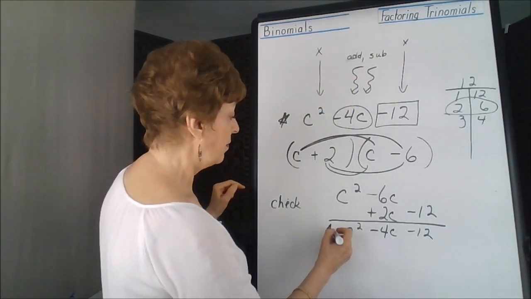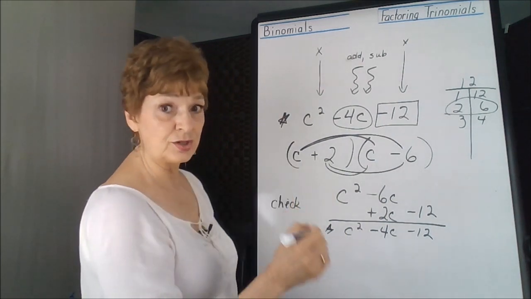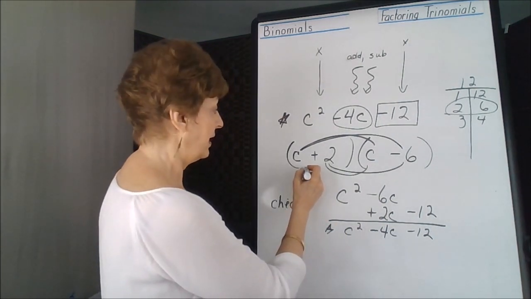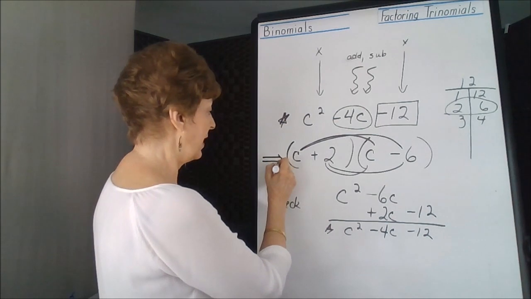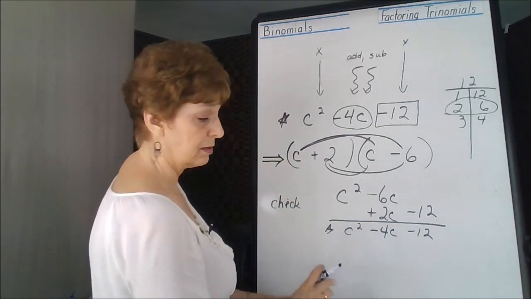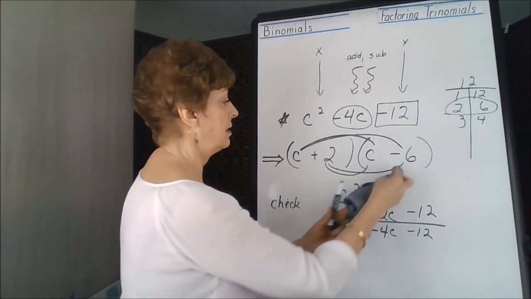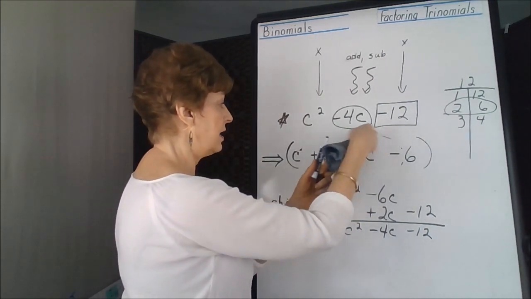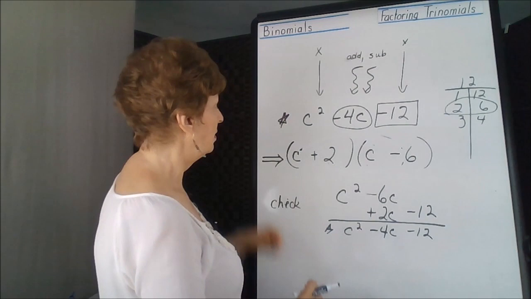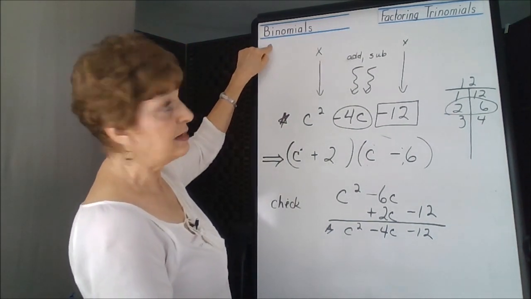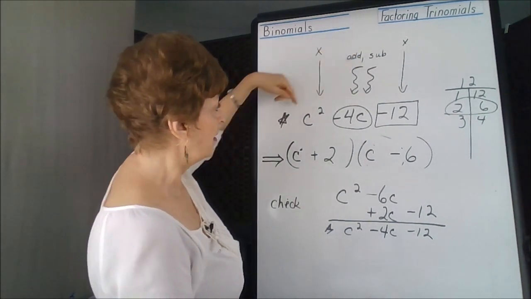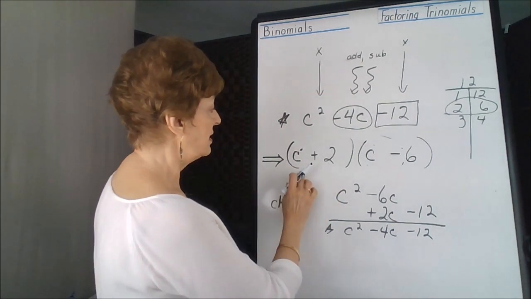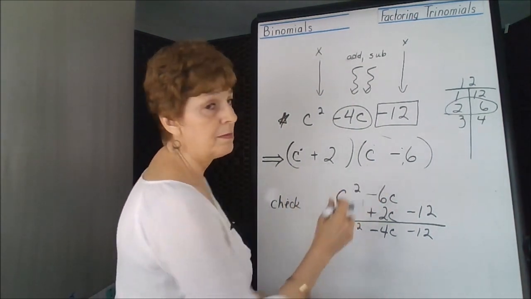So my answer to this is right here. This will be my answer because that's the binomial. If I take off all my helps of multiplication, you'll see that factoring the trinomial into two binomials gives c plus 2, c minus 6.